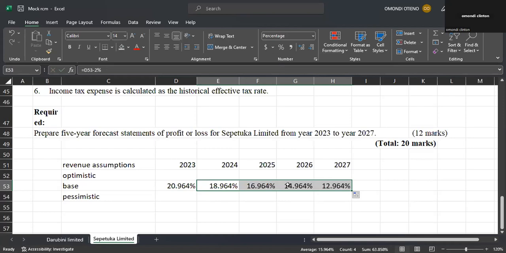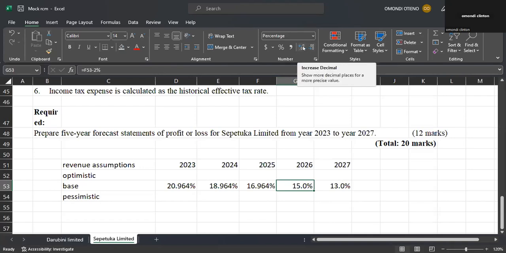And then if you now look at it here, another thing that also matters: if you do this to one decimal place, you will see this one here being 15%. But what have they said? They have said that anything below 15% should not be accepted. Your minimum amount should be 15%. So in most cases, try to give your answers to 3 decimal places so that you'll be able to detect such things.